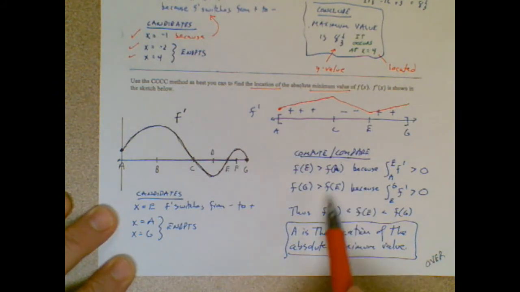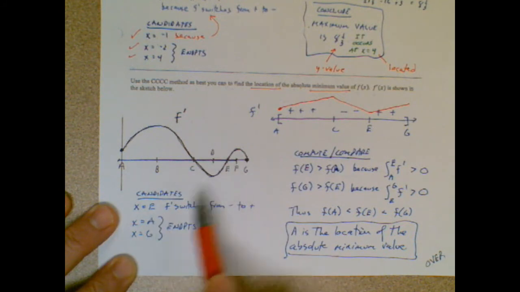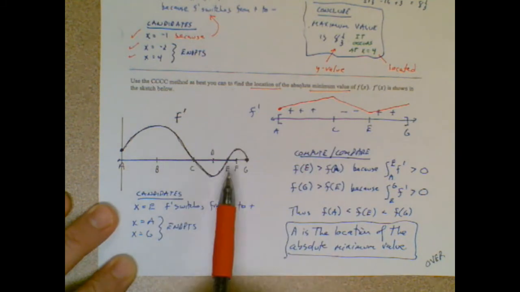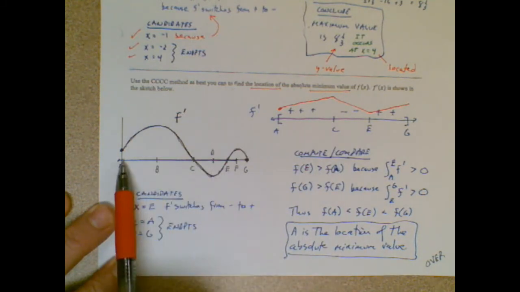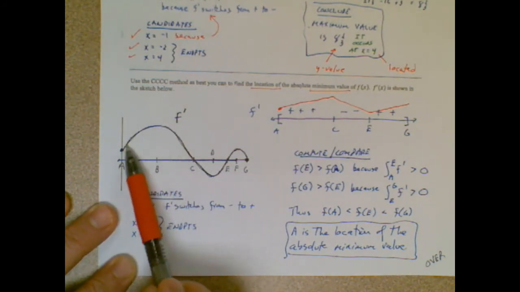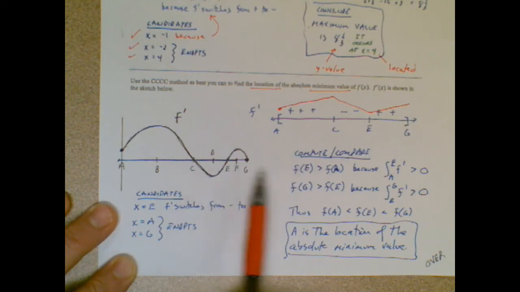This would be a clever AP trick just to see how flexible you are with your calculus thinking. So let's say I'm going to compare E to A. According to this derivative graph, my function spends a significant portion of time going uphill because the derivative is positive, and then a tinier amount of time going downhill.